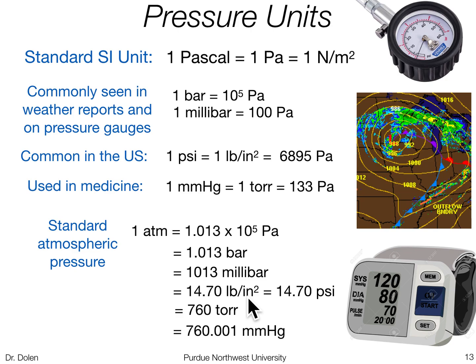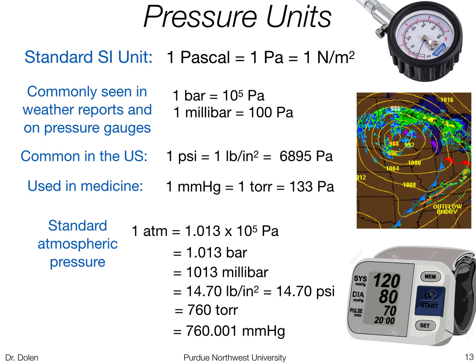So if you look at the wall of your room, which is probably thousands of square inches, there's thousands of pounds of force affecting that wall, just from the atmospheric pressure. 1 atmosphere is also 760 torr, or a torr is really close to millimeters of mercury, not exactly, so it's a slight variation there. So we have to make sure we understand all these different pressure units.